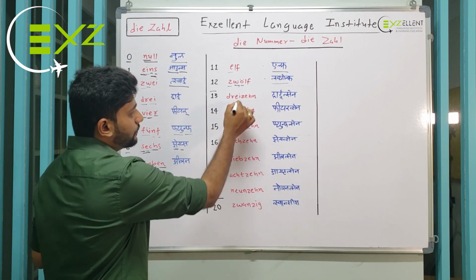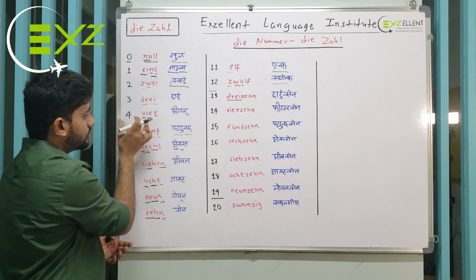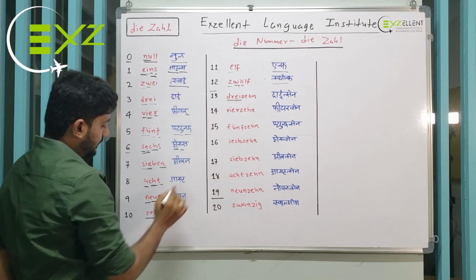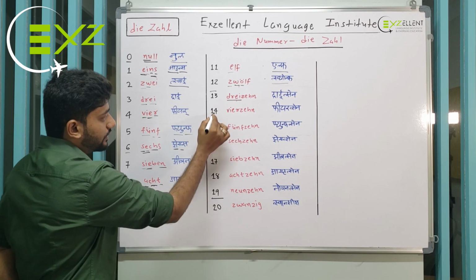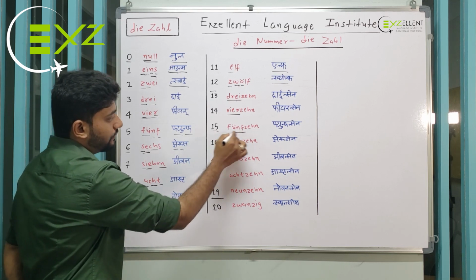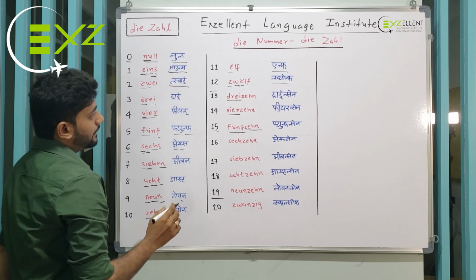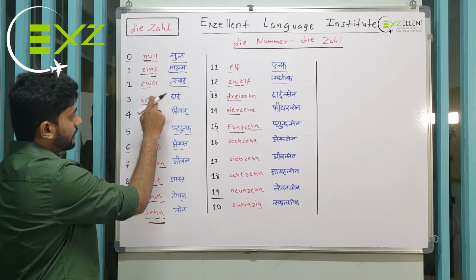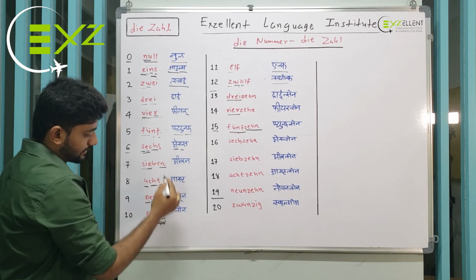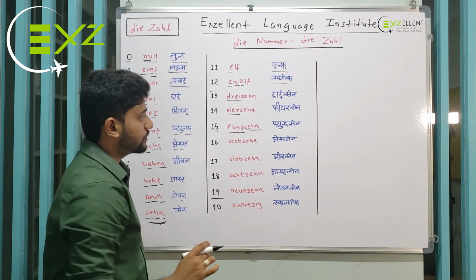See, 13 is dry and then sen, right? 14 is fear, sen. 15 is fünf, sen, right? So 13, 14, 15 like dry, sen, fear, sen, fünf, sen, sechs, sen, sieb, sen, acht, sen, neun, sen, and 20, right?